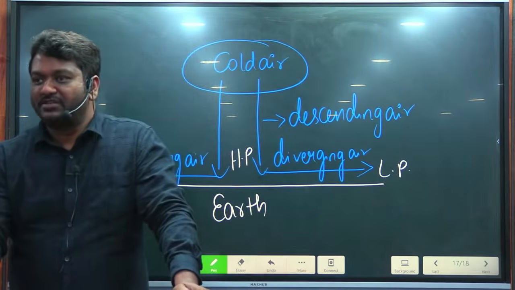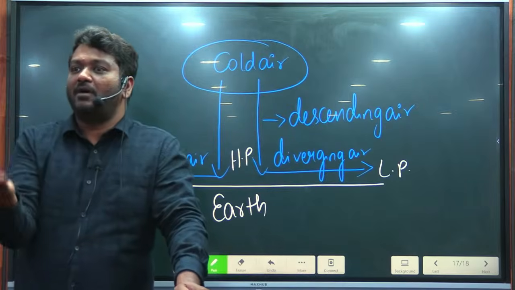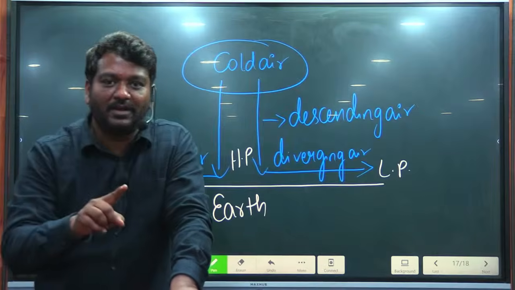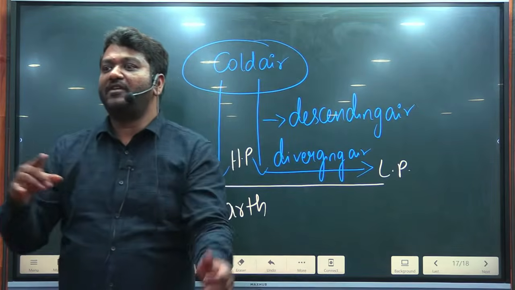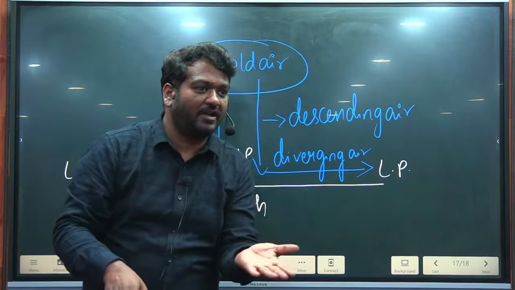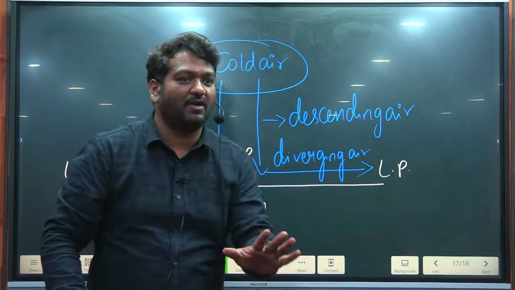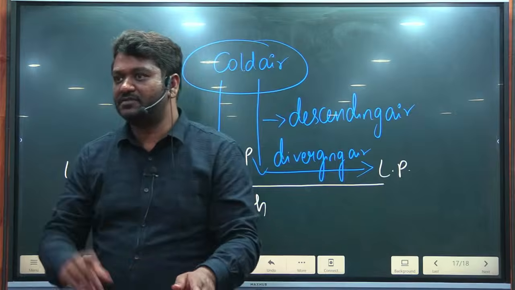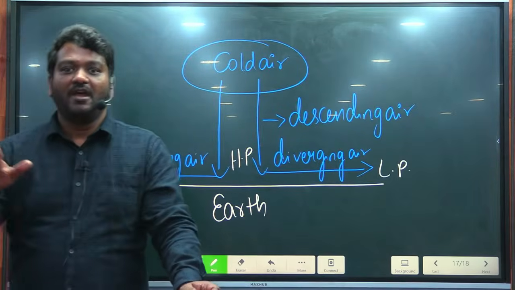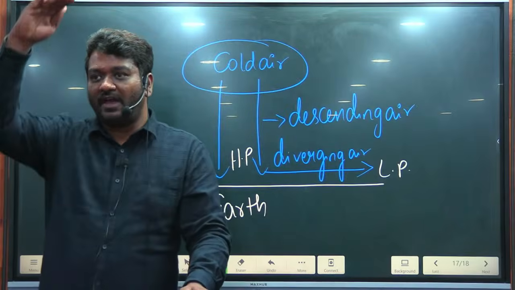High temperature means air above rises. Because of this, it is called what? Thermally induced. Whenever hot air and cold air meet, which air rises? Hot air rises. That is called what? Dynamically induced. Next, what you saw? Thermally induced high pressure. Whenever land is cold, air comes down.